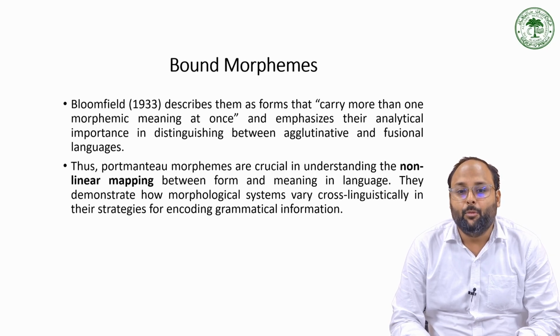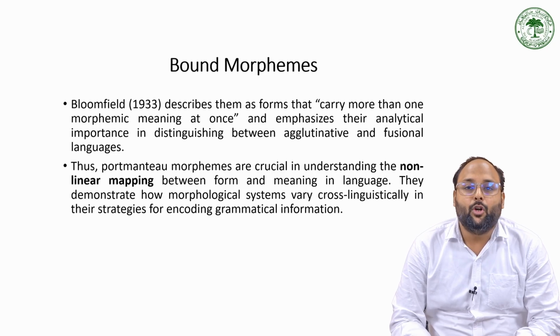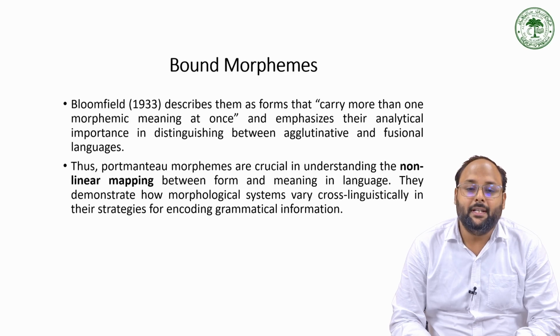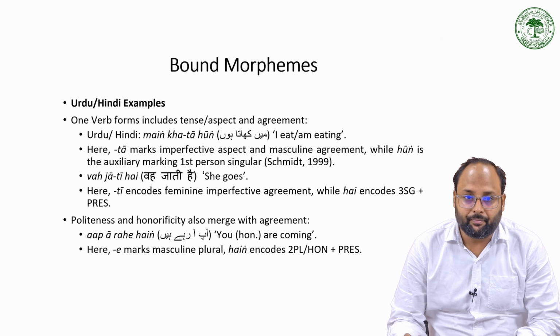Thus portmanteau morphemes are crucial in understanding the non-linear mapping between form and meaning in language. They demonstrate how morphological systems vary cross-linguistically in their strategies for encoding grammatical information.